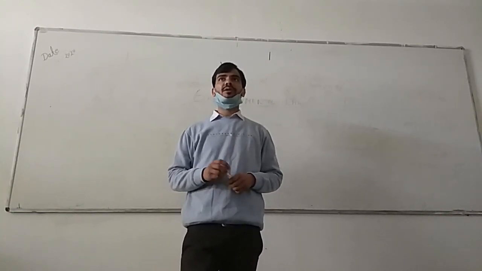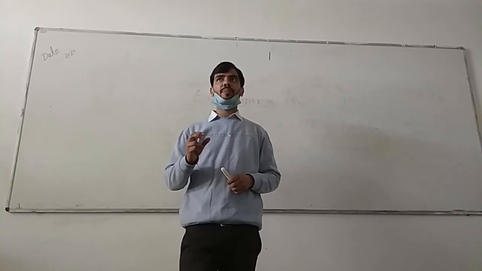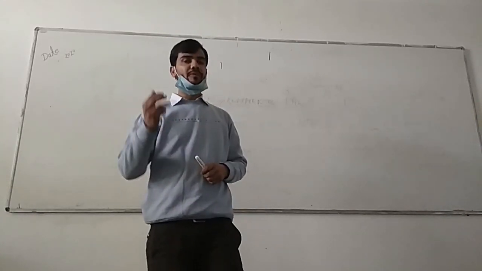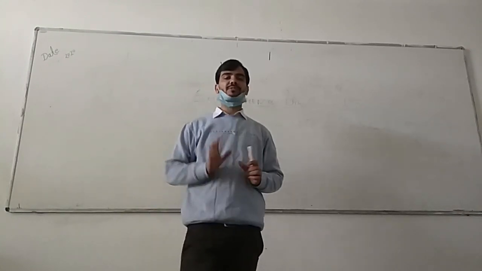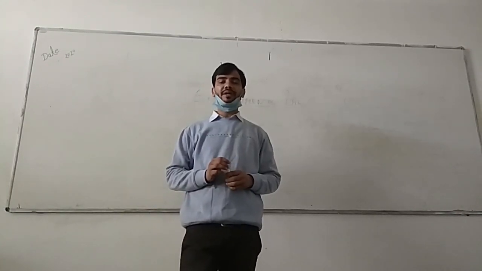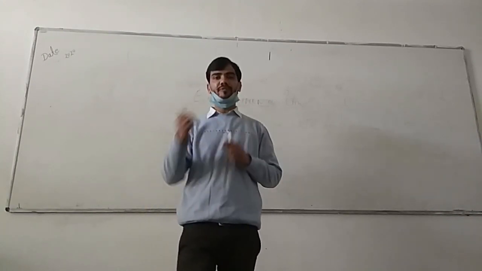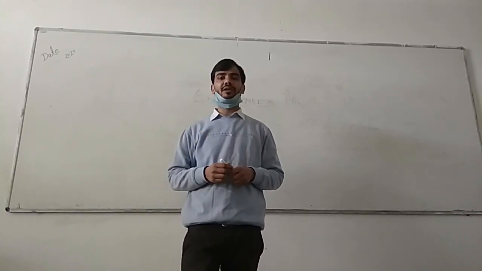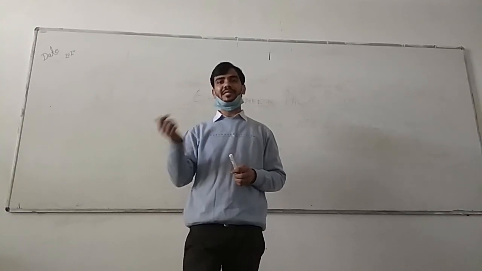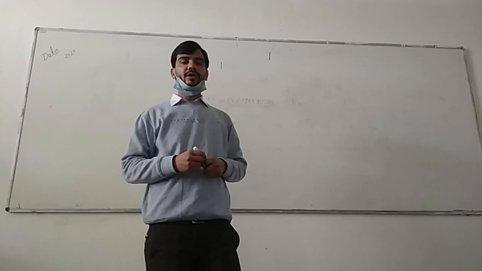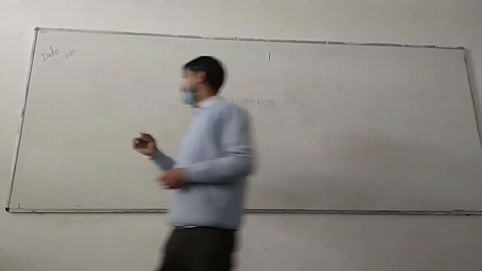X-ray production is divided into 4 types. That is based on the interaction of electron with the target material or atom present near the target material. So today we are discussing about the process.